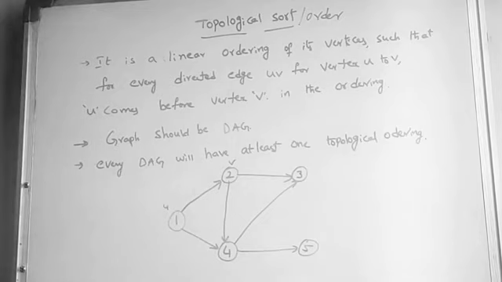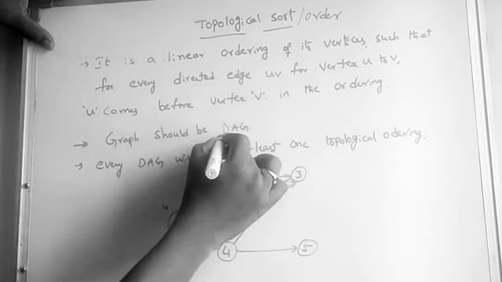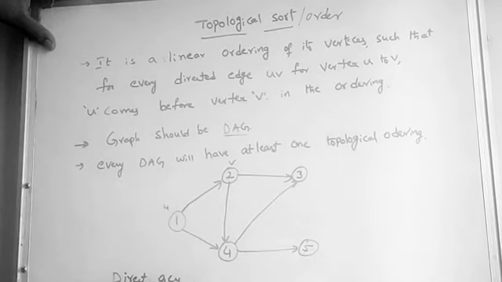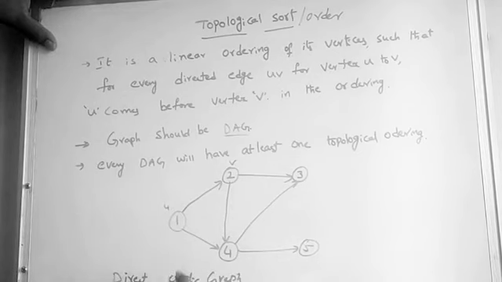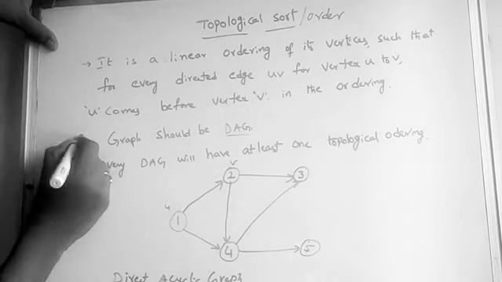Now the primary condition is the graph should be a DAG. DAG is nothing but a directed acyclic graph. That means the graph does not have any cycles. Before applying topological order, make sure of this, which is a very important point.